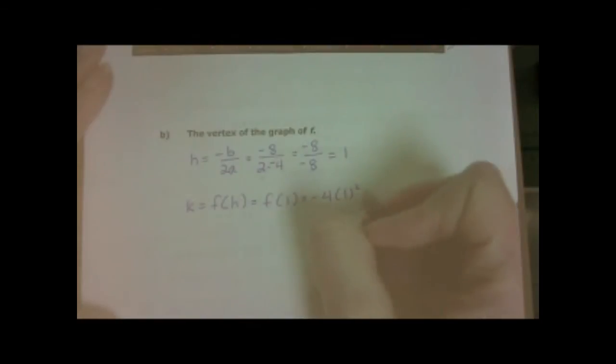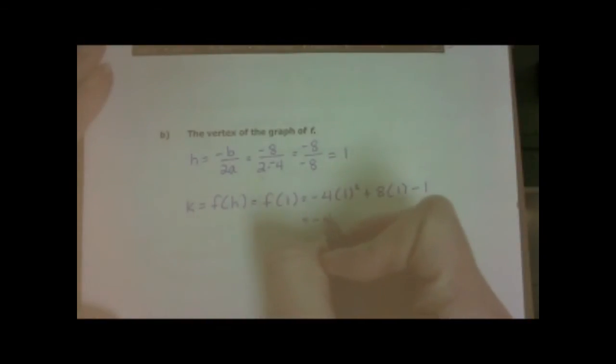The way that we find k is we have to find f of h. So this is f of 1. And we're going to put 1 into our function. So this is -4 times 1 squared plus 8 times 1 minus 1. 1 squared is 1 times -4 is -4, plus 8 times 1 is 8, then minus 1.